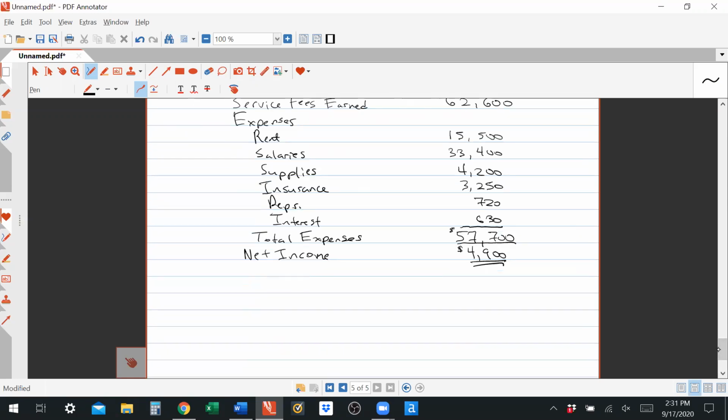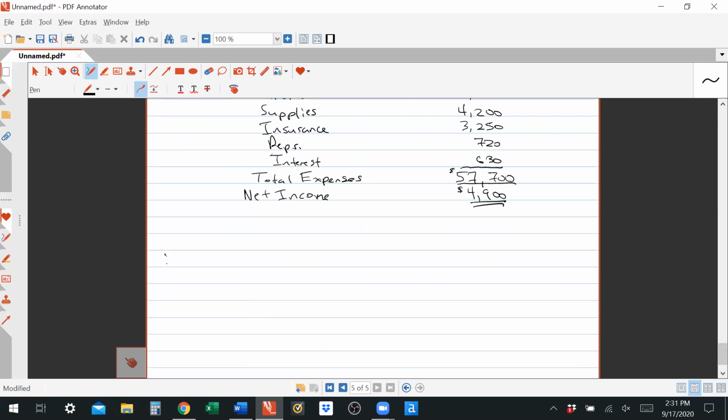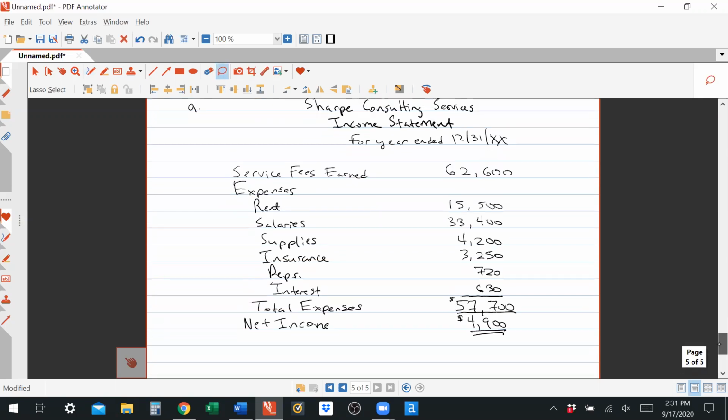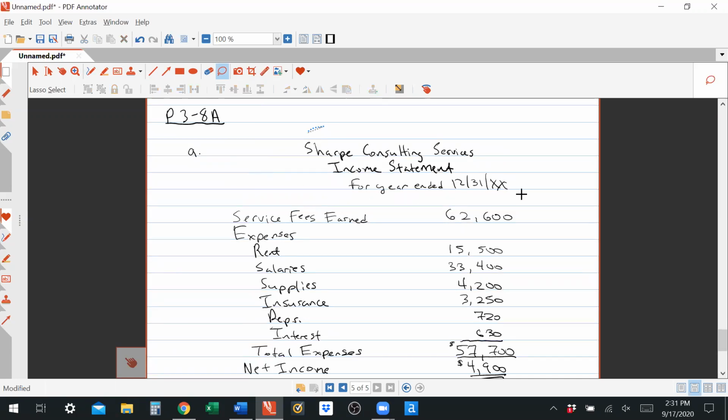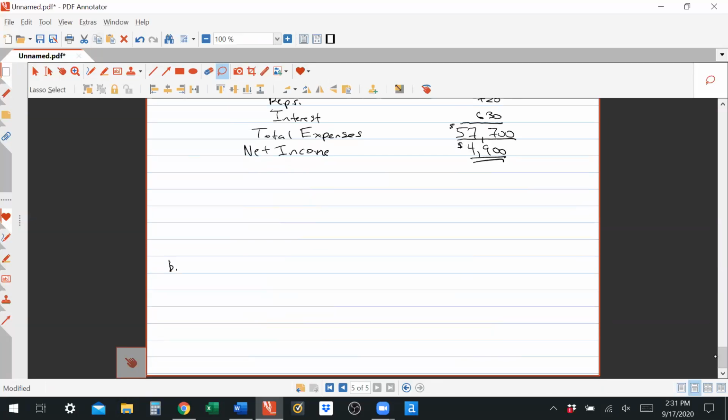All right, let's do the statement of stockholders' equity. I think we have enough room right here. Statement of stockholders' equity, again, it's a financial statement, so it has to begin with the same type of heading like this. So I'm just going to copy and paste this down here.